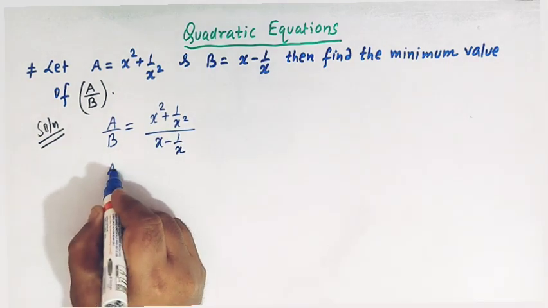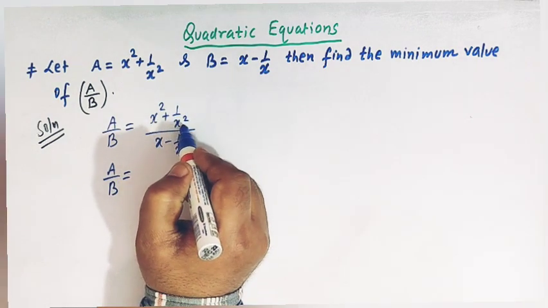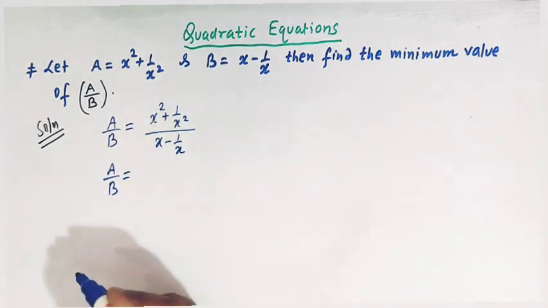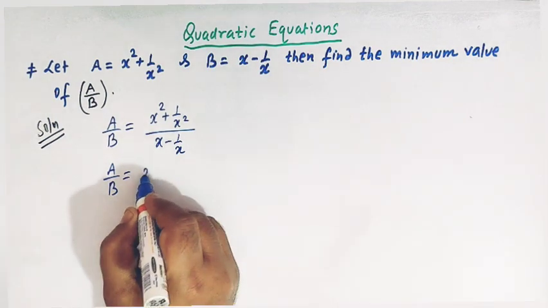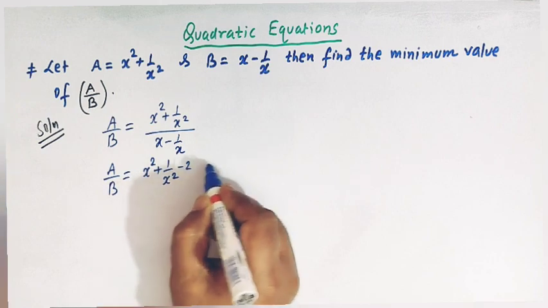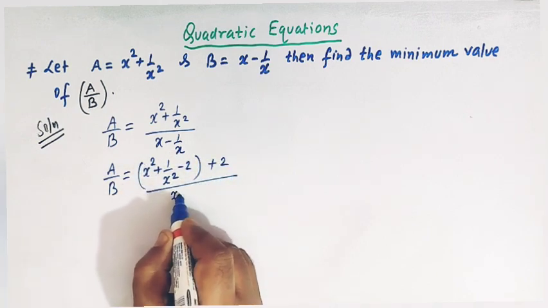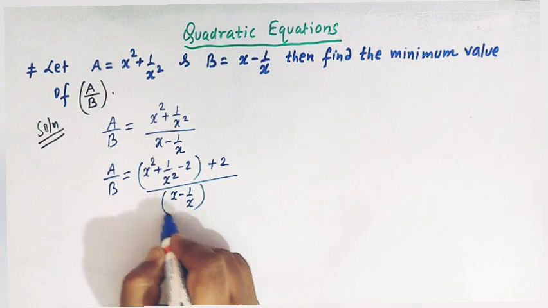Now we'll try to express x square plus 1 over x square as a perfect square, so we can write x square plus 1 over x square minus 2 plus 2, and here we have x minus 1 over x.